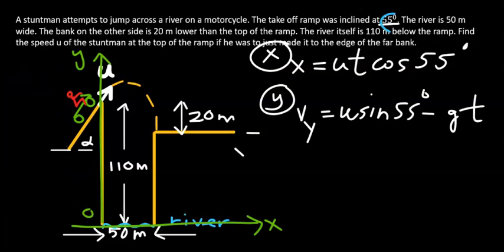Now let's write down the equation that describes the changing y-coordinate for this stuntman while he is in motion.